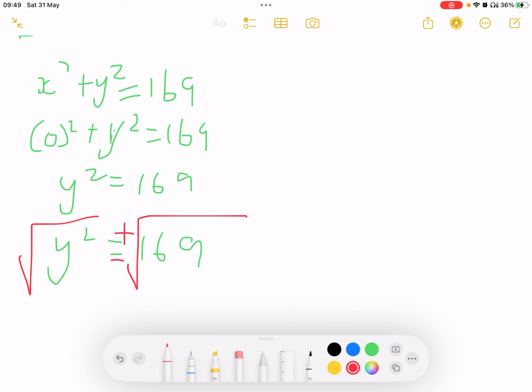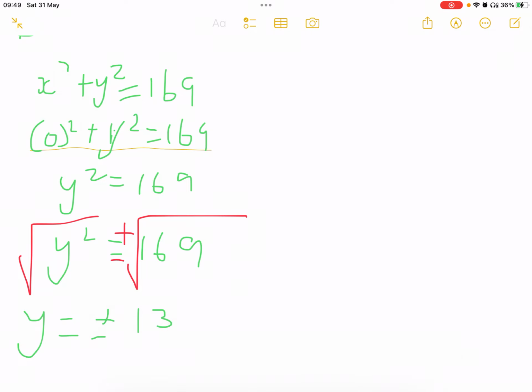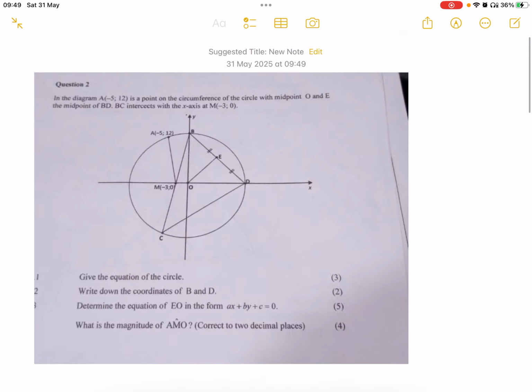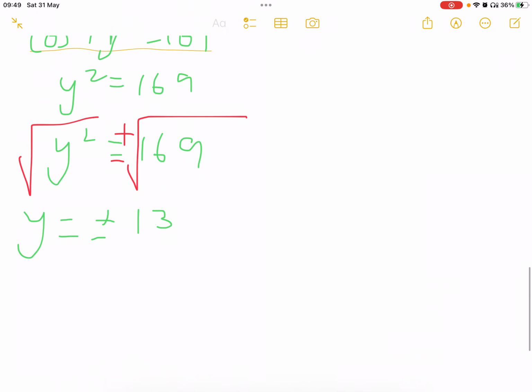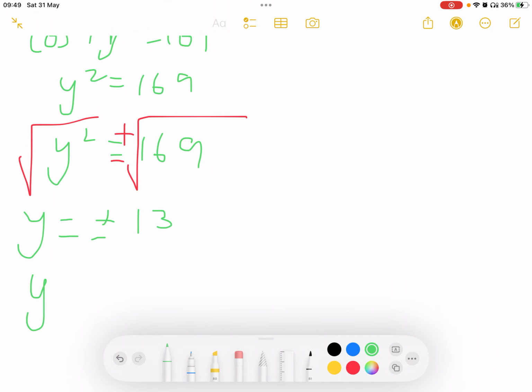So then you proceed to say y is equal to plus or minus 13. Now, when you check B, B is where the y-axis is positive. So therefore, the y-coordinate of B will be positive 13, such that B is (0, 13).